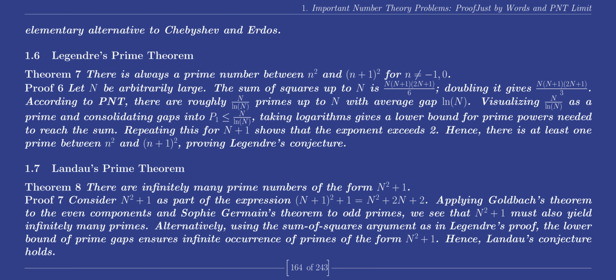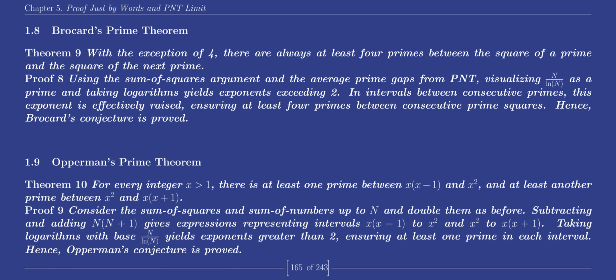The next subsection addresses Oppermann's prime theorem. The statement claims that there are at least 2 primes between n squared and n plus 1 squared for every natural number n. The proof follows the same structure used for Legendre's prime theorem.